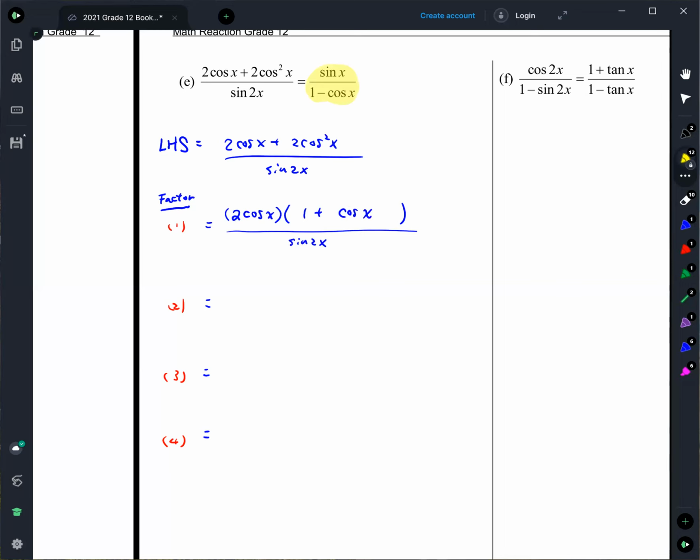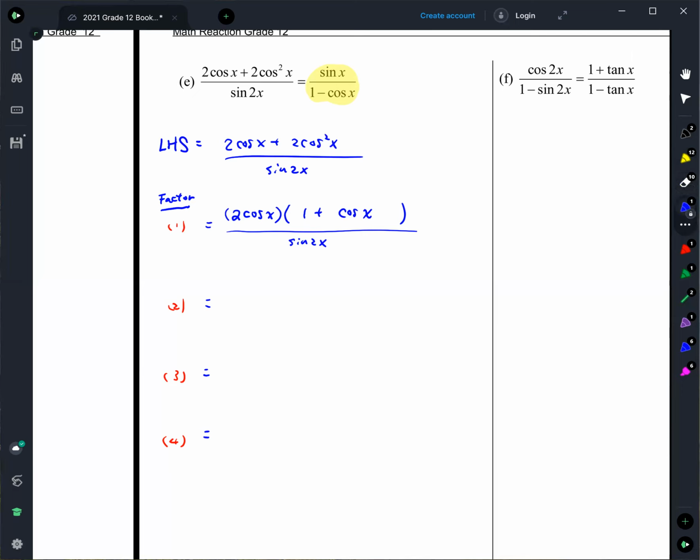Here we have 1 plus cosine. It's closer now, except it's on the top instead of the bottom, and it has the opposite sign. That's our step 1. We noticed that we could factor, so add it to your experience: sometimes if it's possible to factor, you factor it.